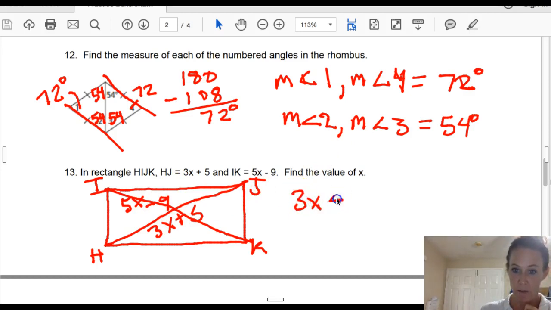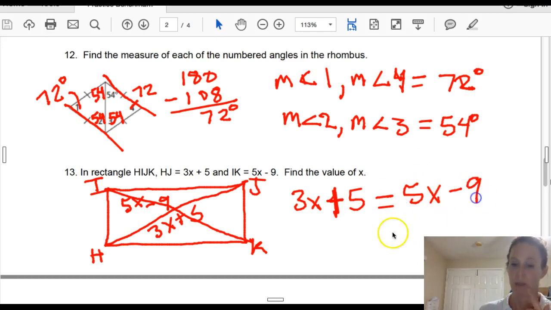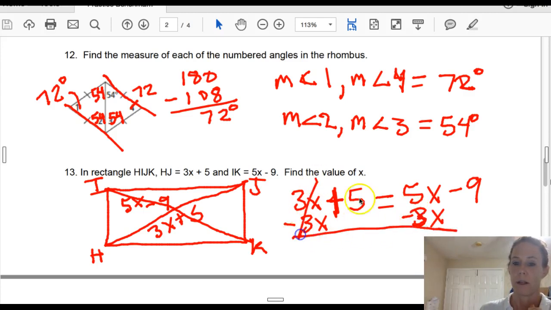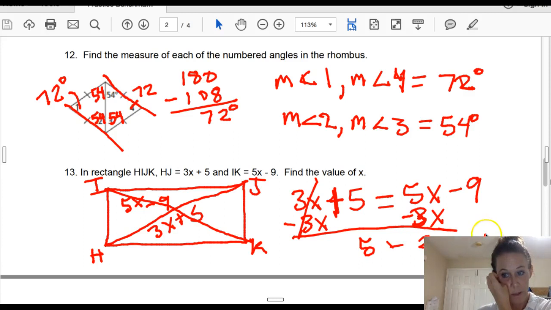3x plus 5, that looks like a 4, but it's a plus, equals 5x minus 9. I have to slow down for it to catch up. And then solve this. Minus 3x to both sides. 5 is going to equal 2x minus 9.